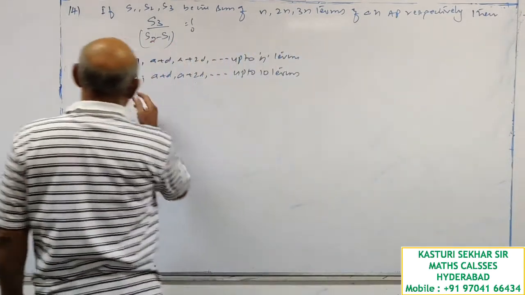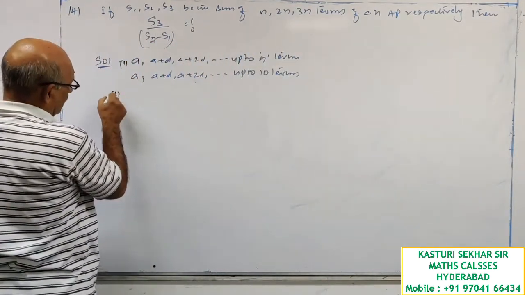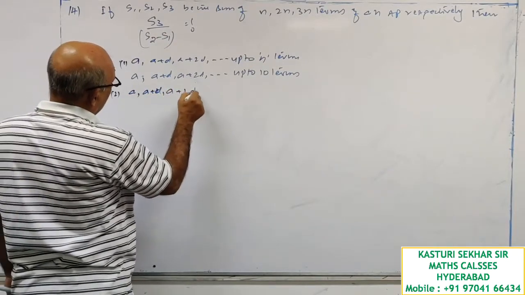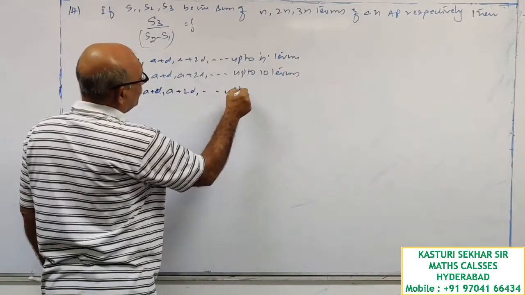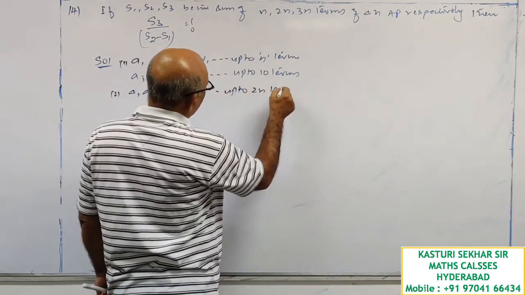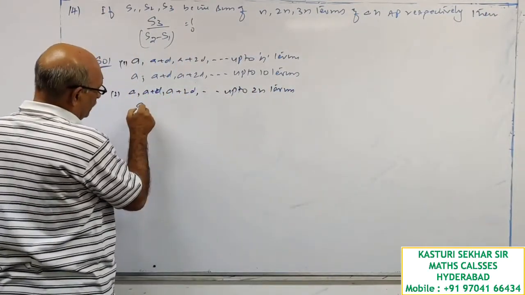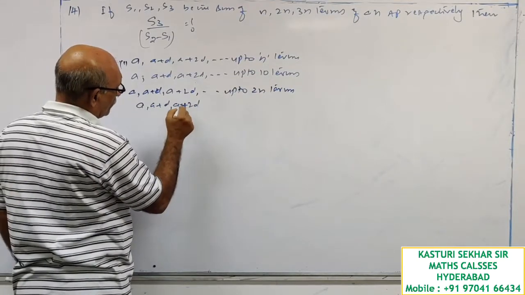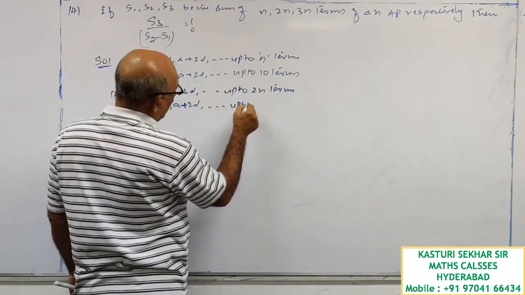Let us take one more series. This is first series, second one. A plus D, A plus 2D, etc. up to 2n terms. It means A plus D, A plus 2D, etc. up to 20 terms.